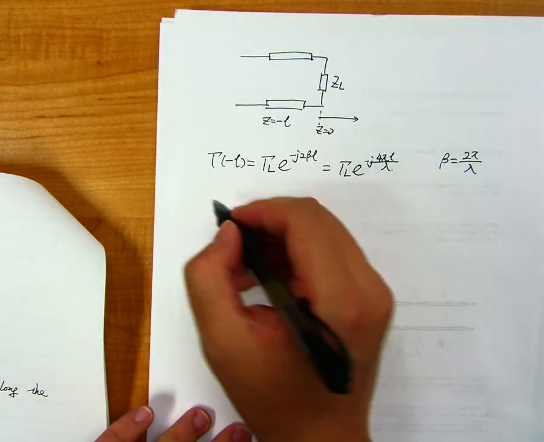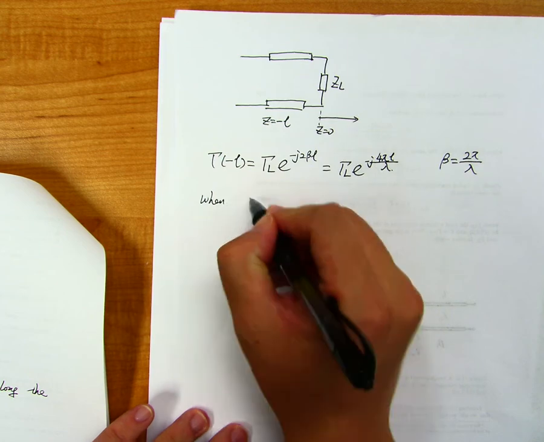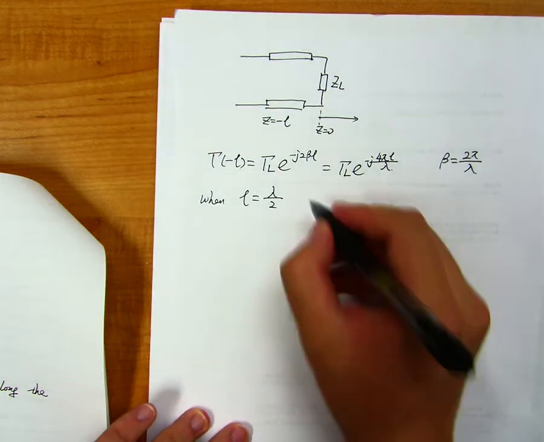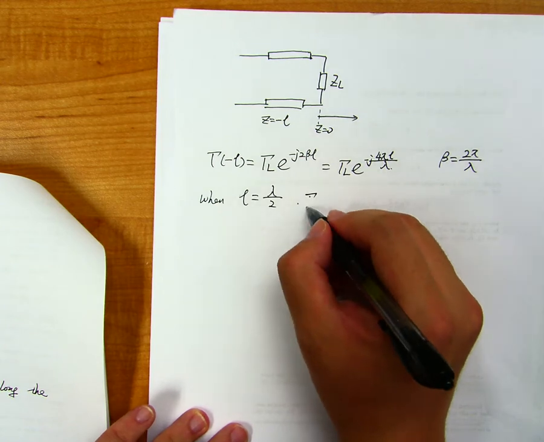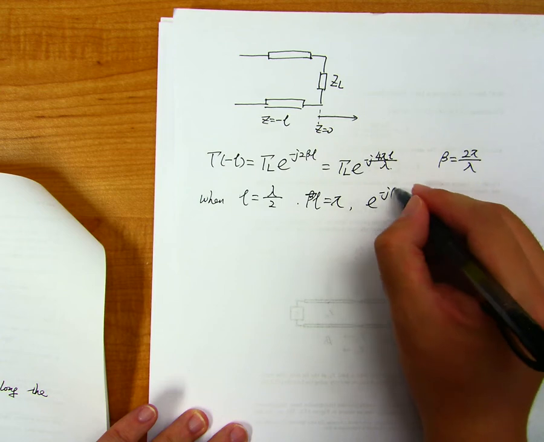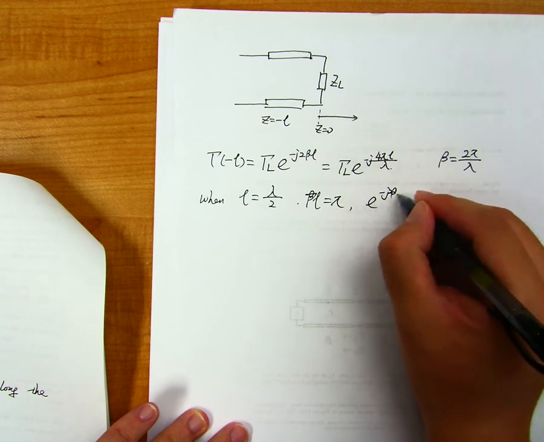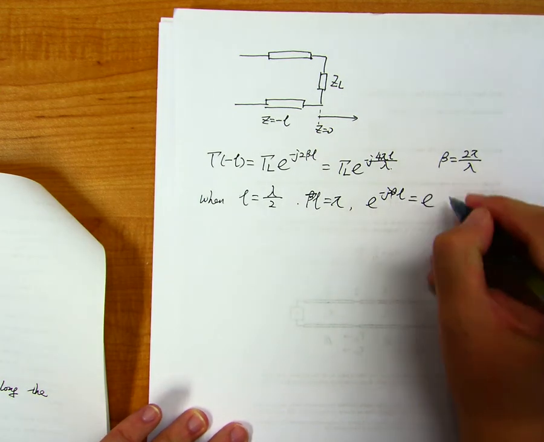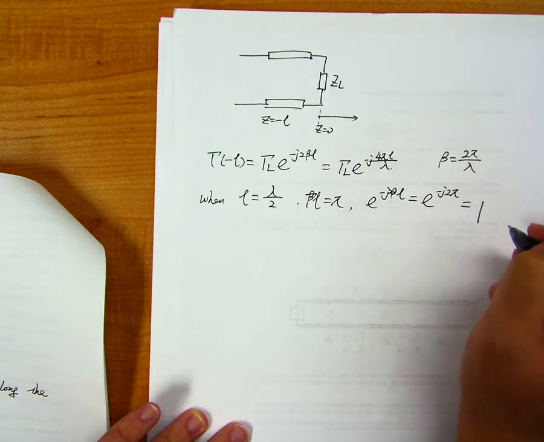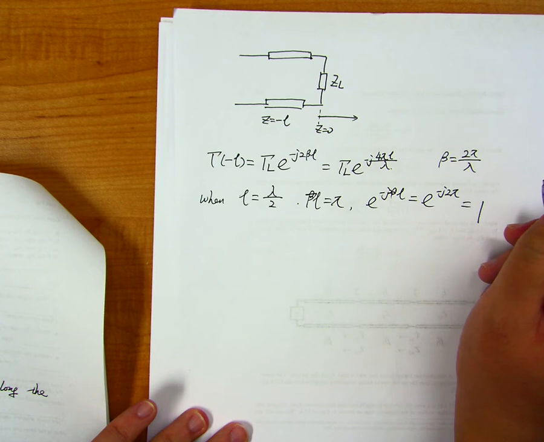So you can see that when L equals half of the wavelength, beta L is equal to pi. So e to the negative j 2 beta L is equal to e to the negative j 2 pi, which is just 1, which means the reflection coefficient is back to gamma L again.